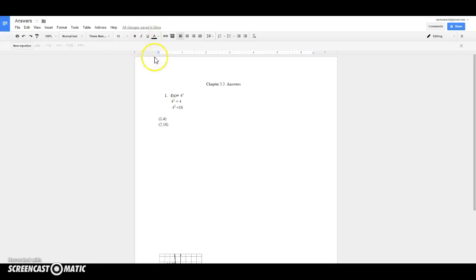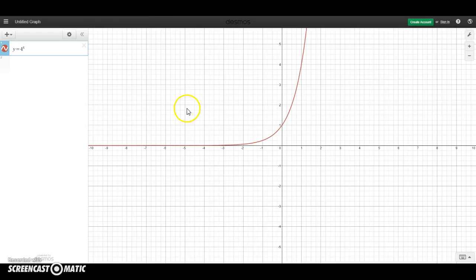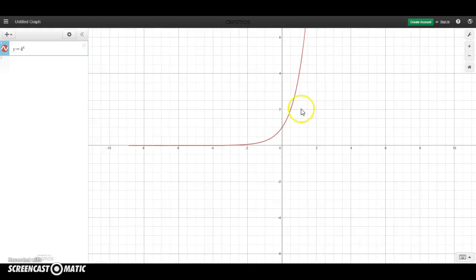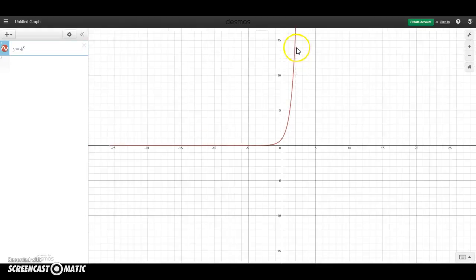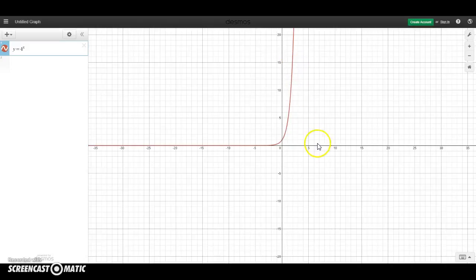Now I'm going to identify those points on the graph. We have 1 as x and 4 as y, so (1, 4). We have 2, and it goes up to 16, so (2, 16). You can see it goes up to 16 right here. And that's how I would solve it.